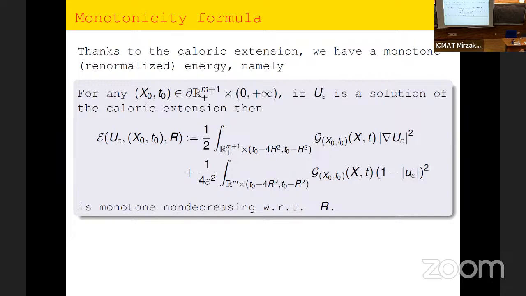Now, what is this G? Well, G is the backward heat kernel. Okay, so it turns out, as a matter of computation, that if you start taking derivatives with respect to R, this function is monotone, non-decreasing with respect to R. Okay, so this is the first ingredient.